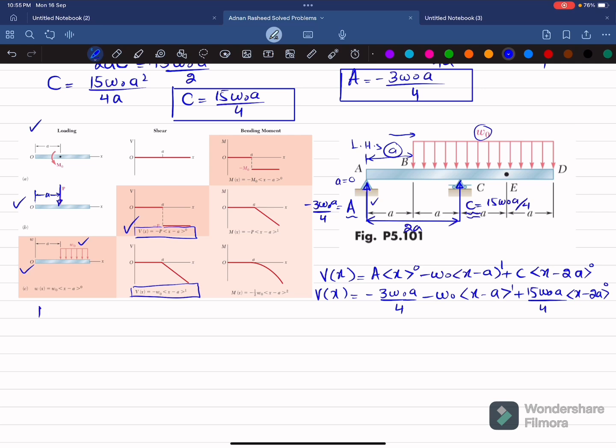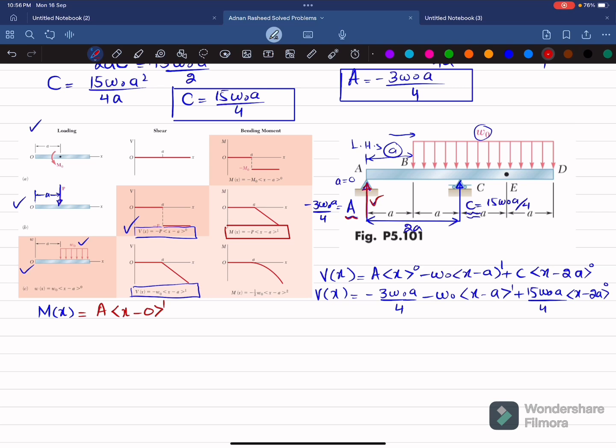Now we'll find the bending moment equation, and for that we will again start from point A. So you can see this is point A having point load. So for point load, the bending moment equation is this one. For the downward load, here the load is upward. So I will write plus A into X minus A, which is 0, so X minus 0 power 1.